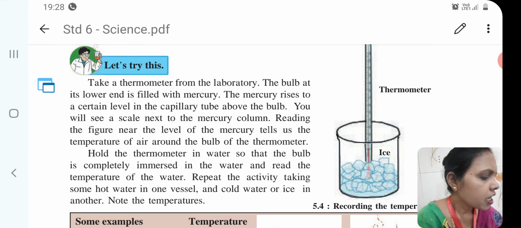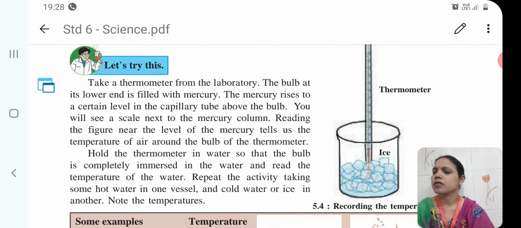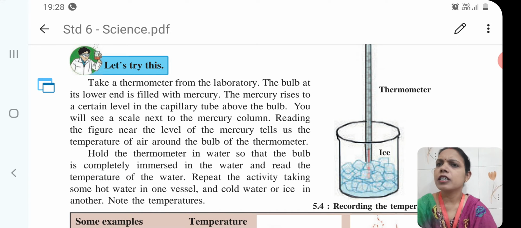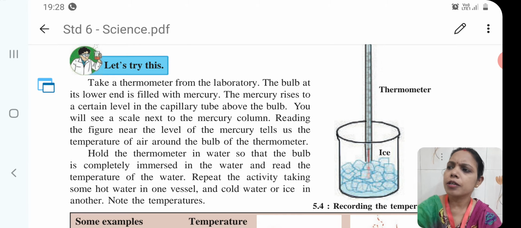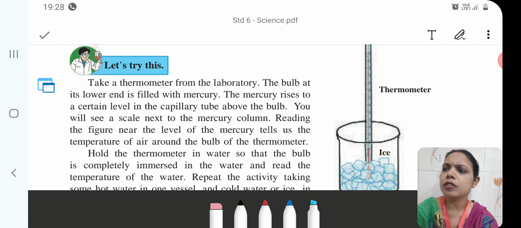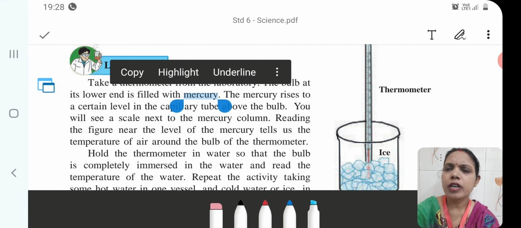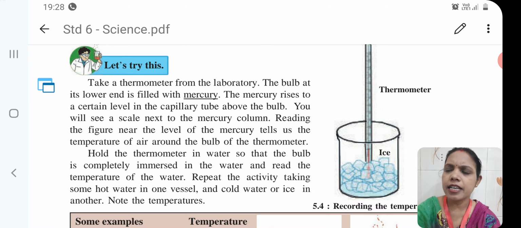Now in the thermometer, the bulb at its lower end is filled with mercury. The mercury rises to a certain level in the capillary tube above the bulb. Children, you can see in the diagram in your textbook on the right side.